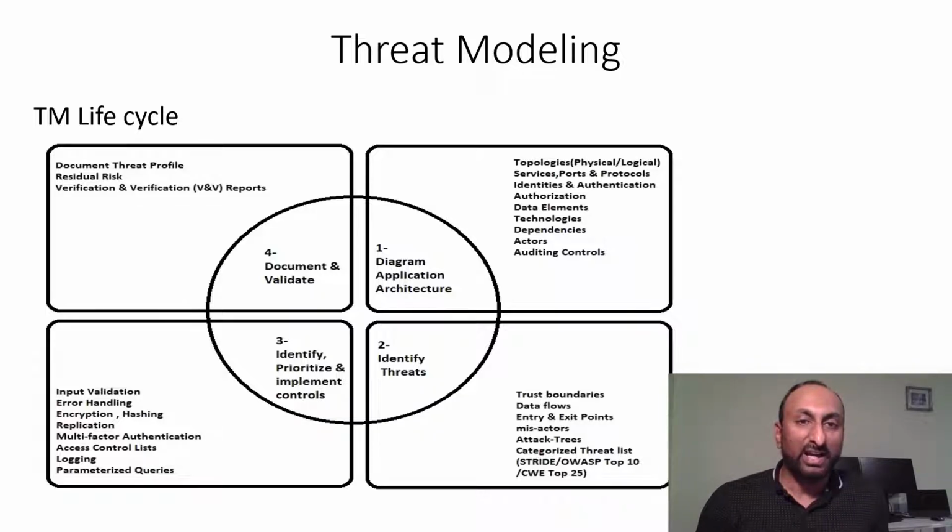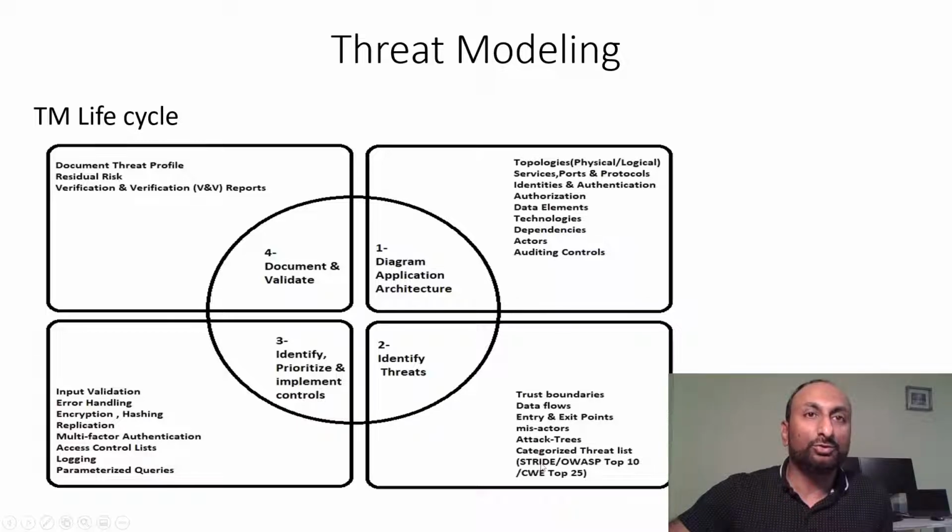Once we have the architectural workflow diagram, the next phase of the threat modeling lifecycle is to identify the threats. In order to identify the threats, we can either make use of an attack tree as our guideline, or we can make use of a categorized threat list as our guideline in order to identify the actual existing threats in our application design.